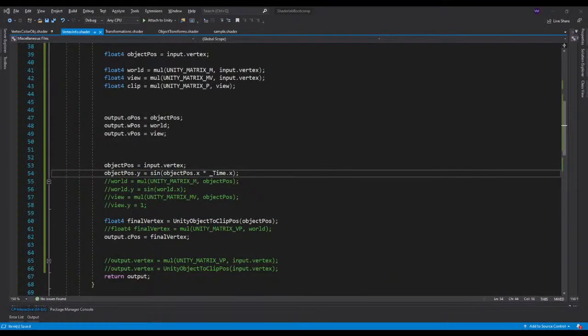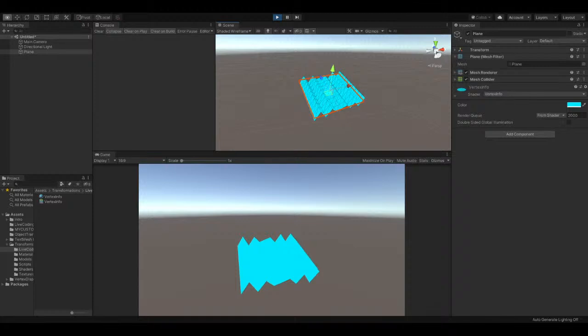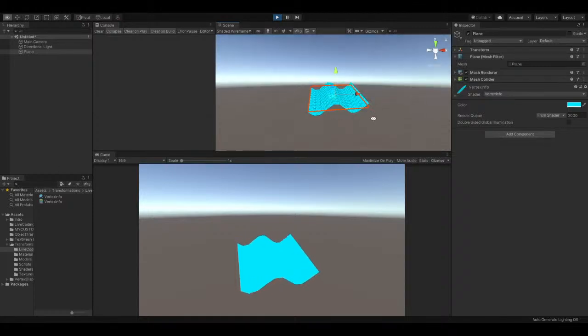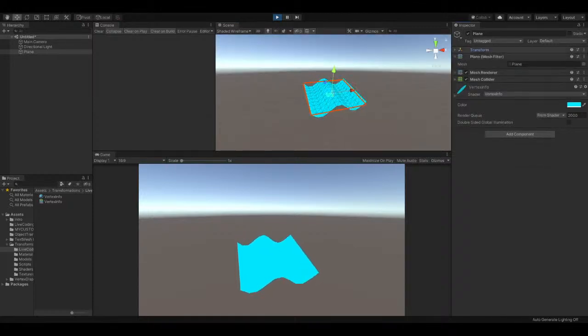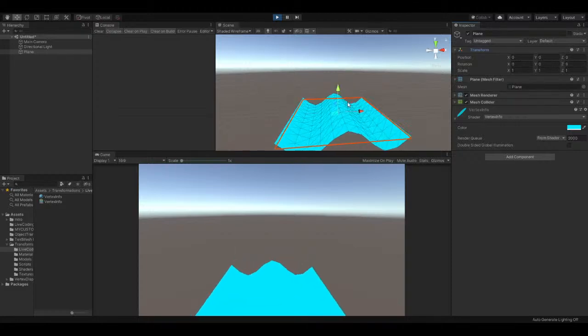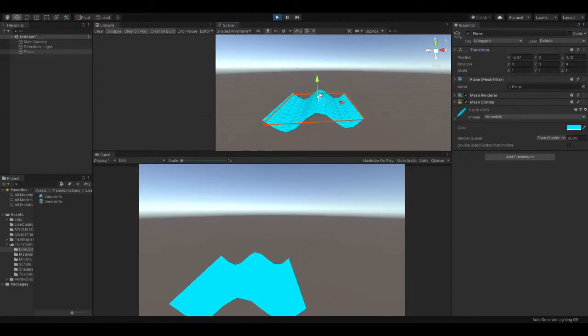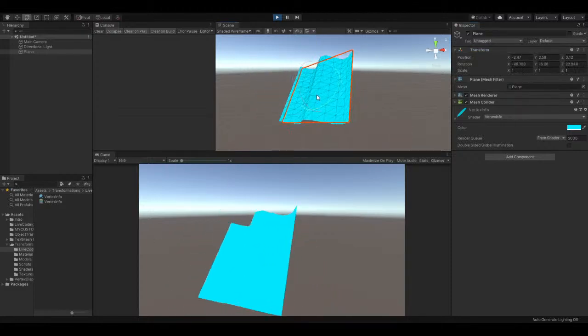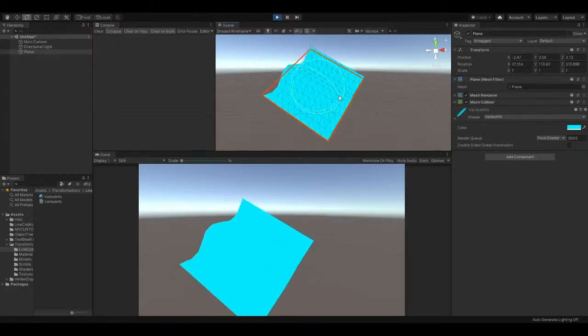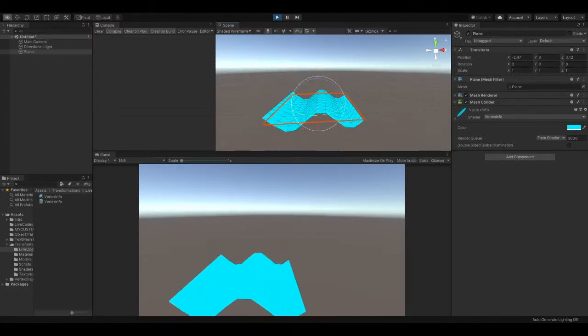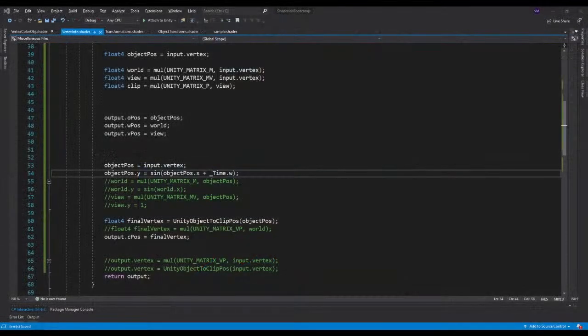Then just to make sure that what we're doing is right, I'm just going to add the time here. Yeah, so that is the effect that I was talking about, a wave effect, but it does not get affected by wherever the object is in the world space. Now what happens when I do it in the world space?